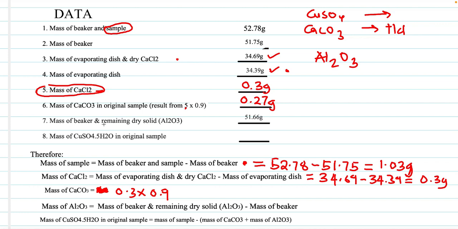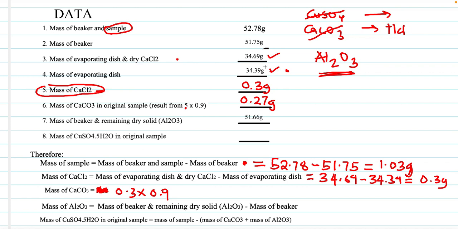So we now say the mass of the beaker plus the remaining solid, right? Remember, this beaker plus the entire sample was 52.78. Now, when we remove copper sulfate and calcium carbonate, leaving behind just this, what we now got is 51.66, exactly.